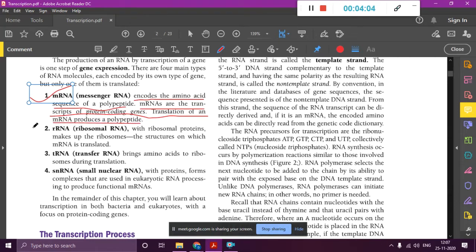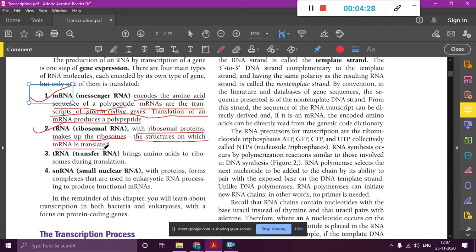The next RNA which is present is the ribosomal RNA. The ribosomal RNA is with ribosomal proteins, so it's in the ribosome. Therefore, it's ribosomal RNA. Along with ribosomal proteins, it makes up the ribosomes. And the ribosomes are the structures on which this mRNA is translated.